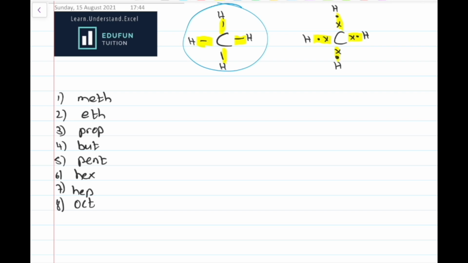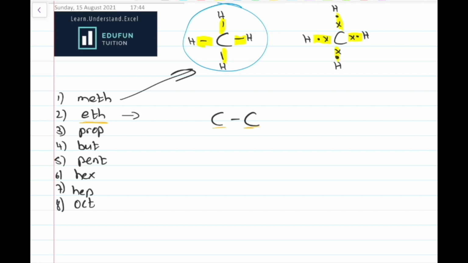So for example, let's say methane, this here would be methane. Ethane would be this, 1, 2. Now, eth basically tells us that there's going to be 2 carbons, 1, 2.